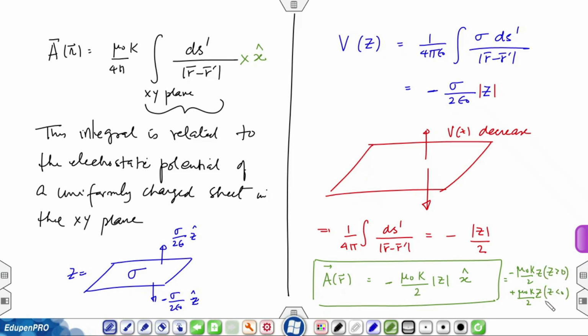So, you solve the problem. You will see for other problems also, as I have written in the previous slide, that you can always find an integral corresponding to the electrostatics, and then just use that rather than doing the integration all over again.